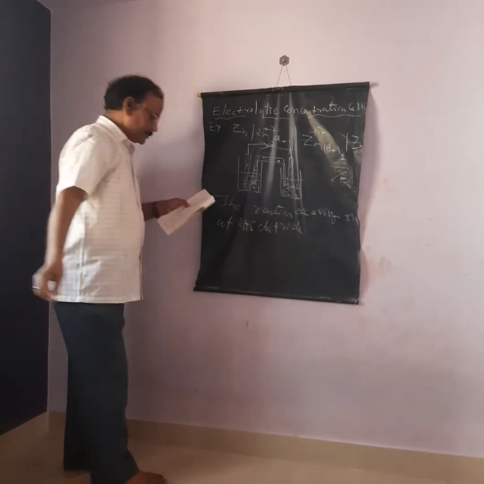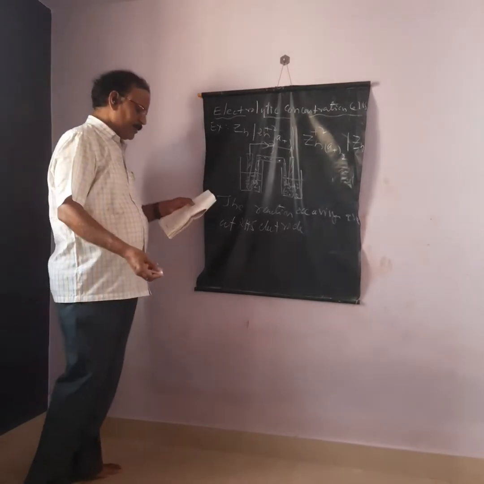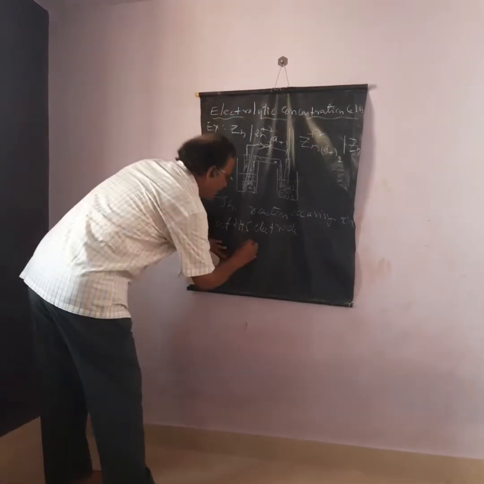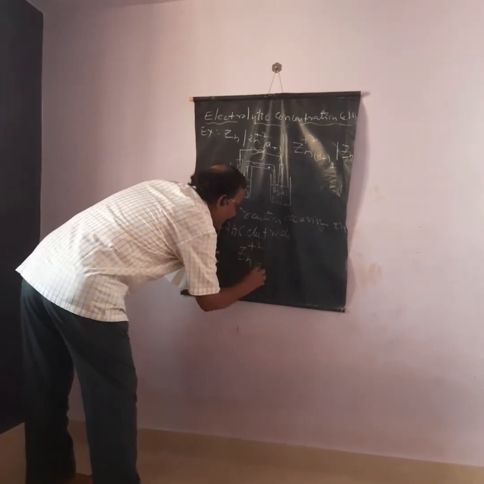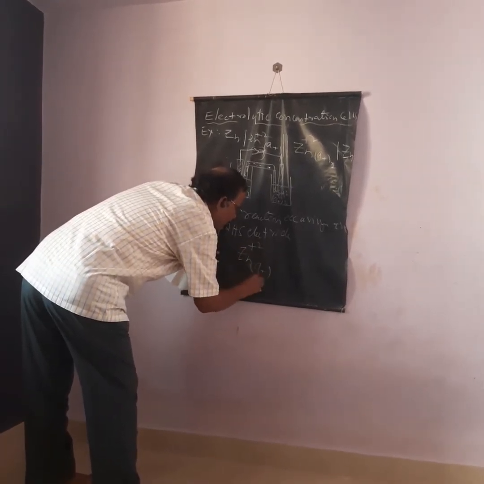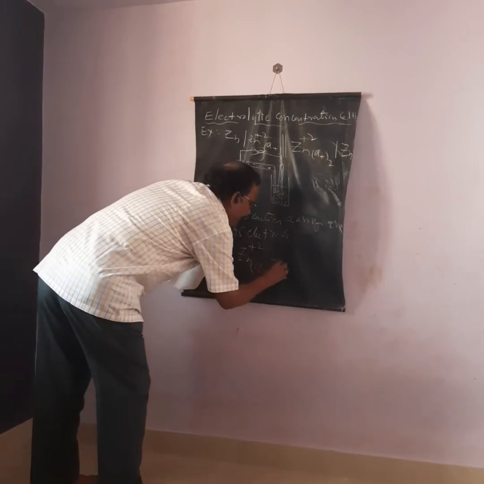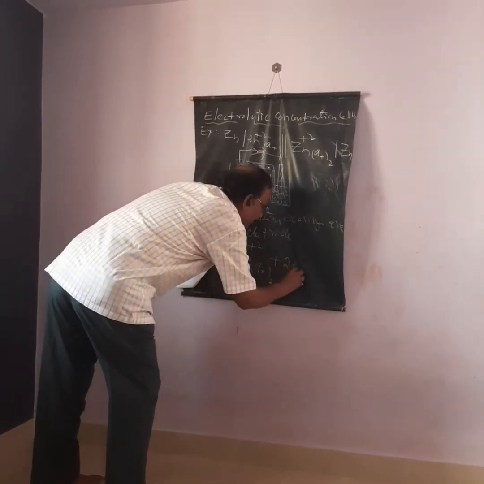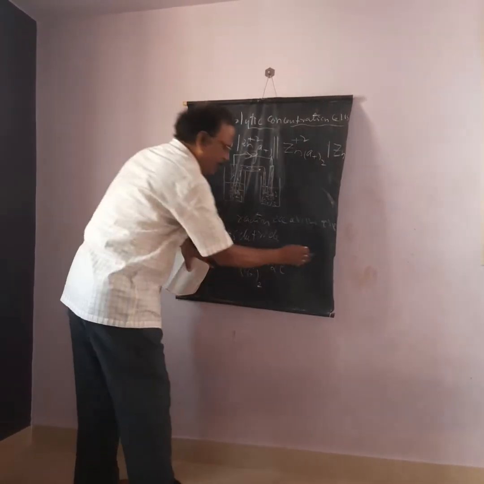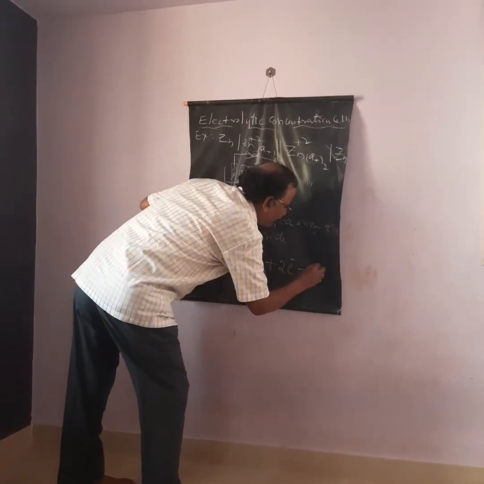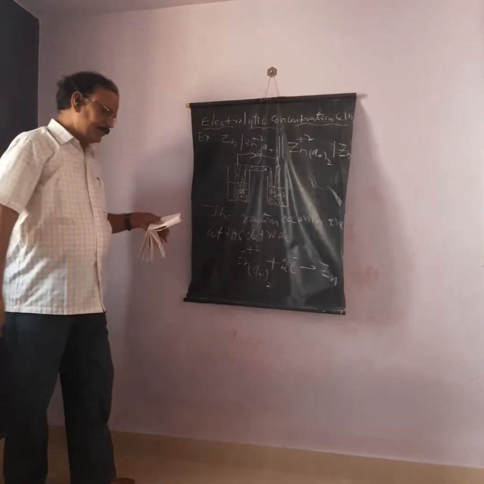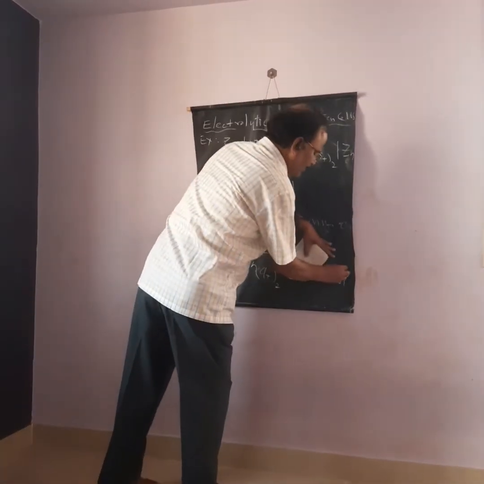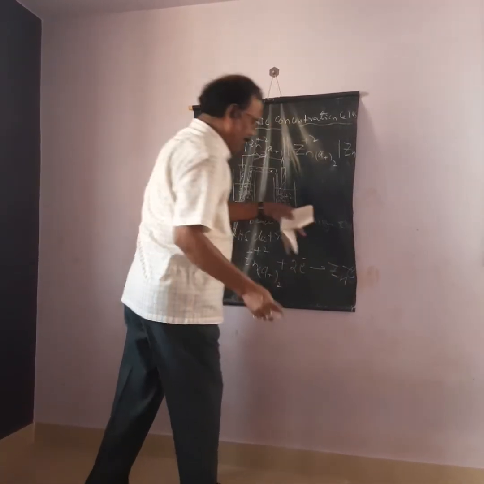At the RHS electrode, reduction is taking place. So Zn2+ with the activity a2 takes 2 electrons to give solid zinc. This is equation 1.